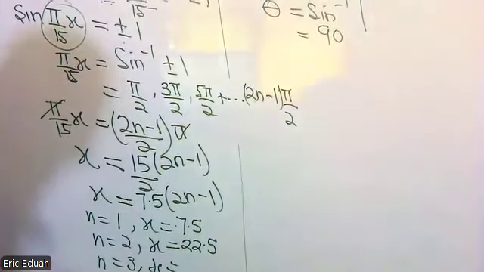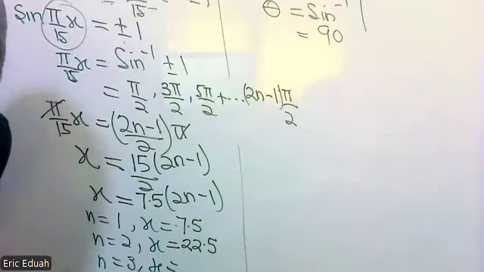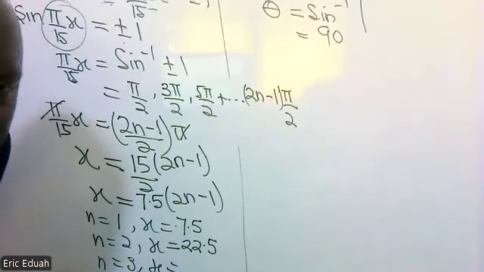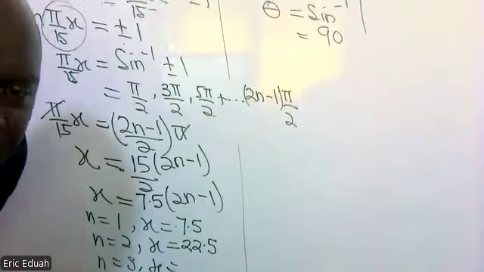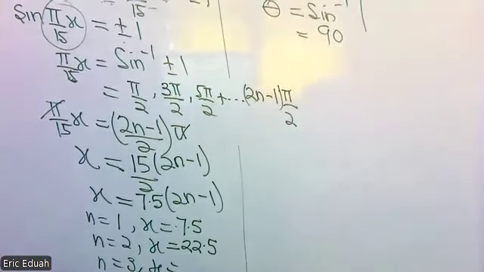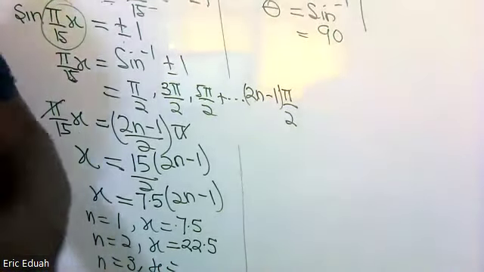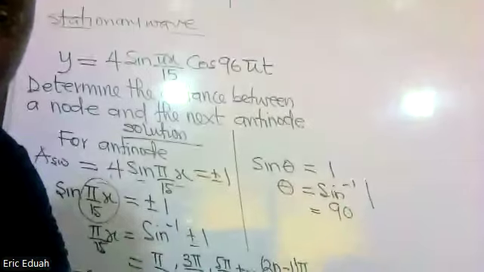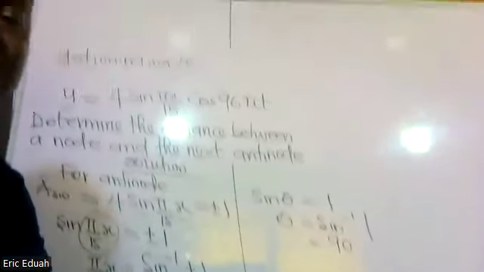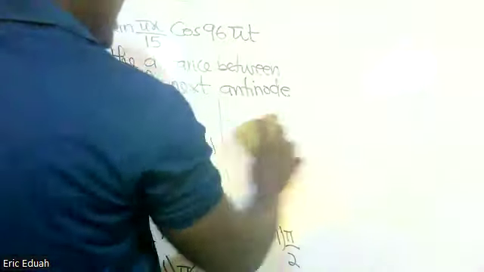The question is about the distance between a node and the next antinode, so we need to determine points where nodes would also be formed. Class, are you okay up to this stage? All right. So let's identify points where nodes would be formed. Then we find the distance between the node and the next antinode.